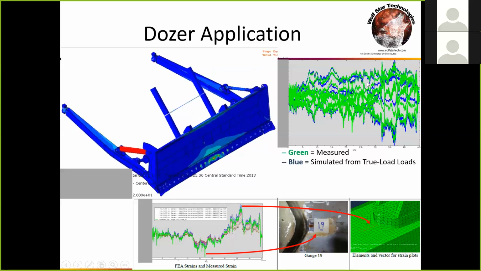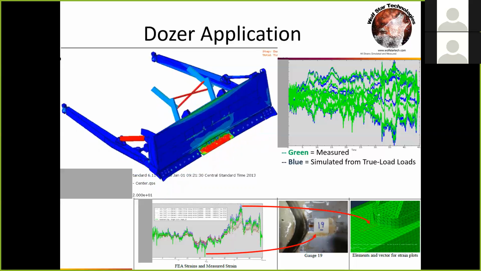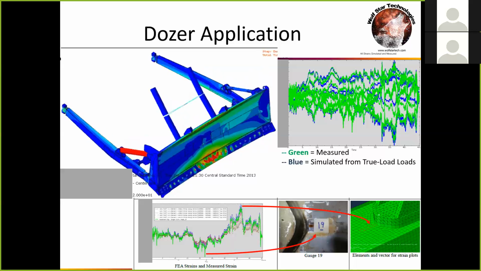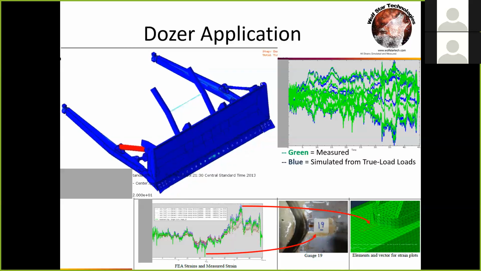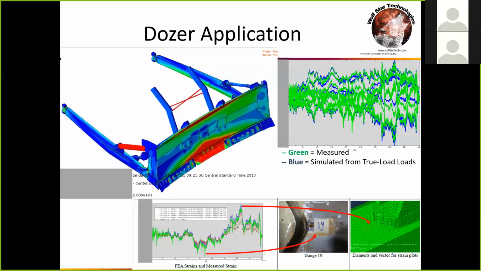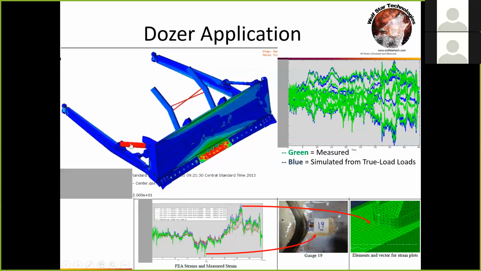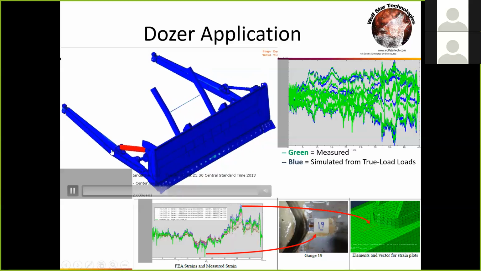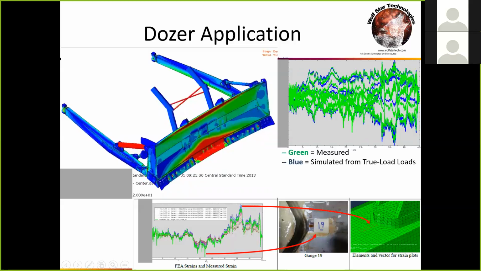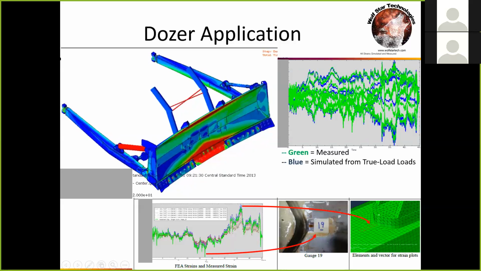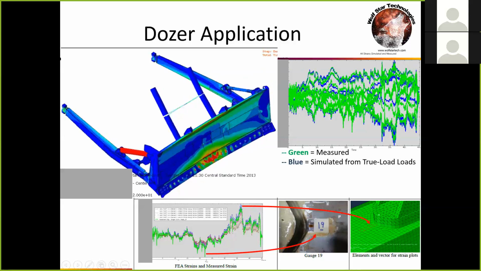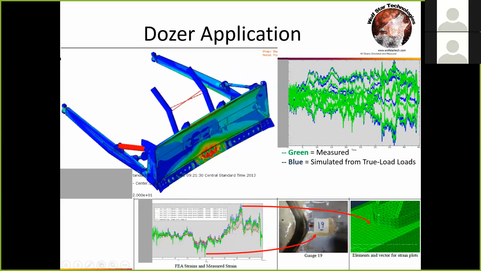So they were thrilled by this. They thought this was great. But what they were really concerned about were these forgings where they've got these welds and these stress risers, and they really want to understand what's going on there. So they laid additional gauges on here, like this gauge number 19, which is by one of these forgings on the structure. So we've got gauge number 19 plotted up in green. And then we use the QSE tool to probe the elements coming away from the weld and plotted those strains up in colors here.